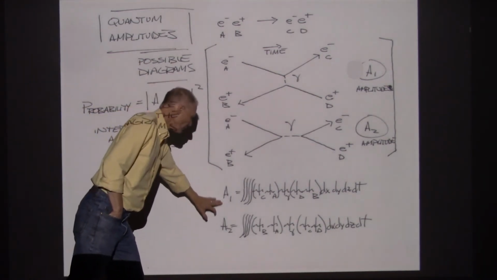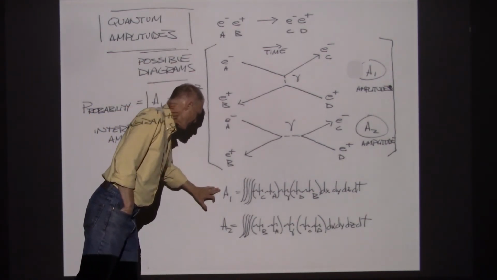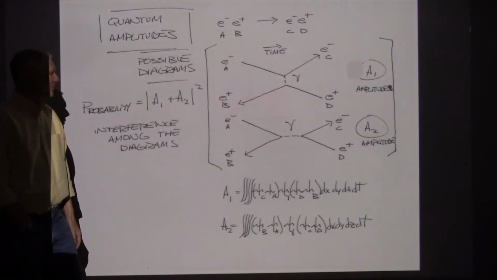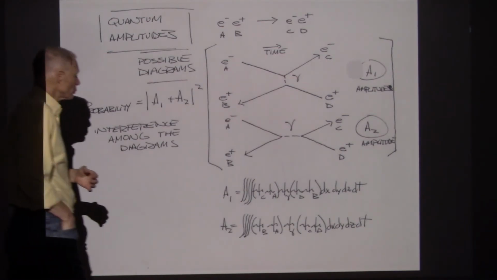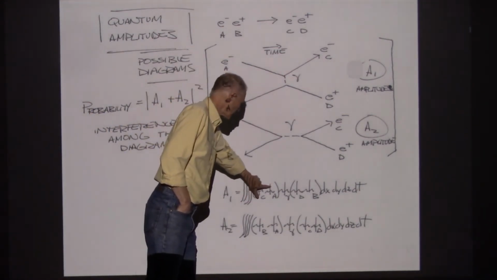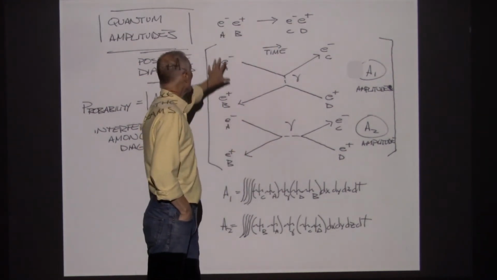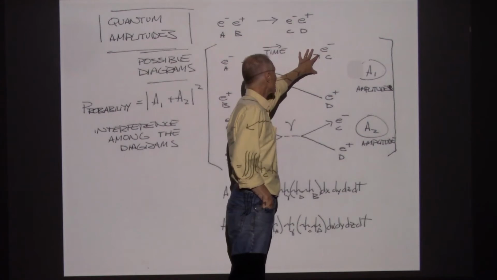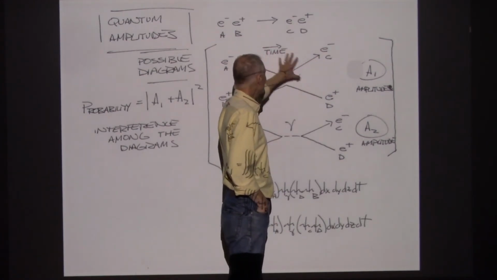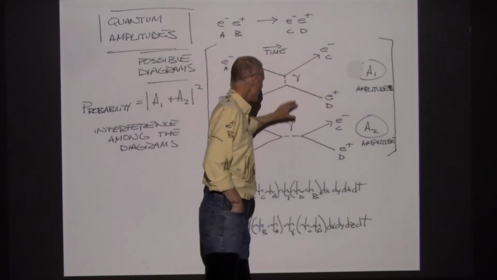Now, just to show you what the amplitudes look like, we are not doing these calculations, but that's what the calculations look like. If you look back to chapter 38, where we introduce the idea of wave functions, we get a wave function for the particles going in, wave functions for the particles coming out, and wave functions for all of the intermediary particles.